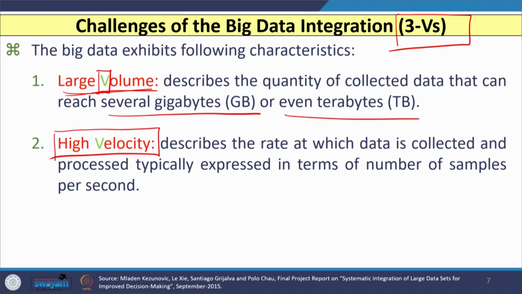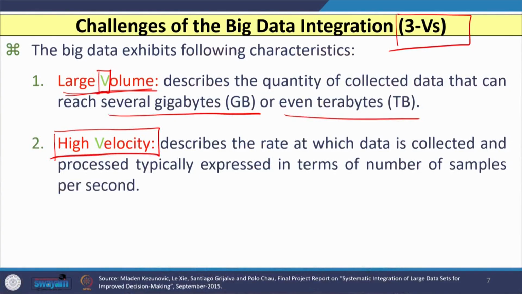So, if we capture the data, let us say, at every 1 minute, or at every half an hour, in both cases, if we have more samples per second, more data in one cycle, then the velocity of those data is really very high, and even the volume of those data and the storage requirement also increase. So, the second V comes from the velocity of the data, whereas the first V comes from the volume of the data.